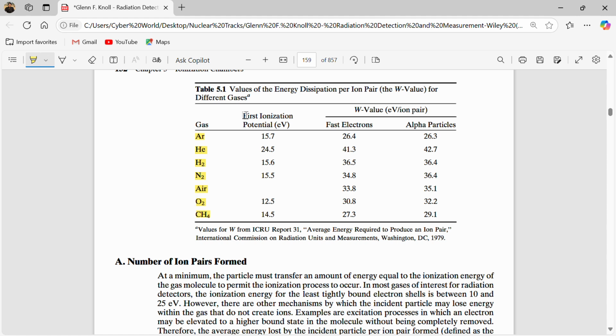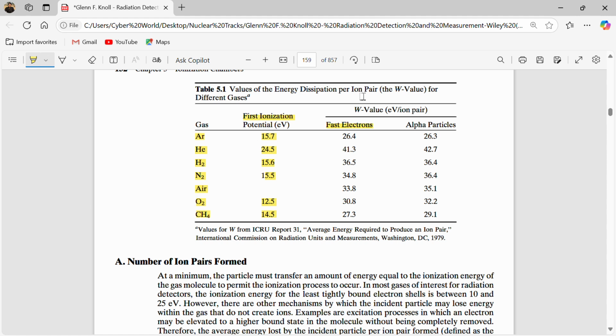These are for the first ionization potential, the primary interaction. You can see the values: 15.7, 24.5, 15.6, 15.5, 12.5 and 14.5 electron volts. For different gases the primary ionization is different.